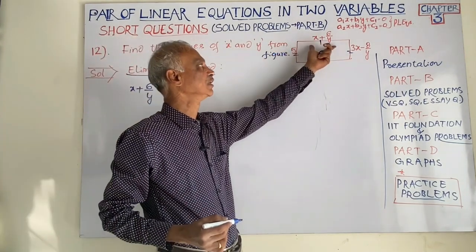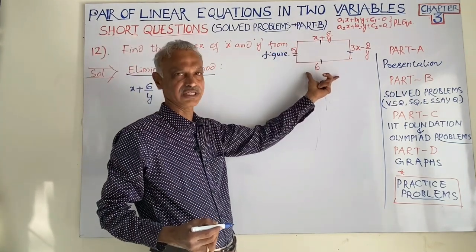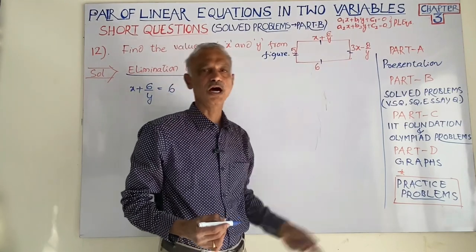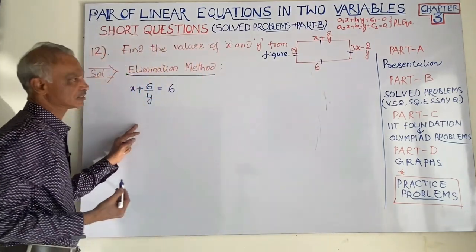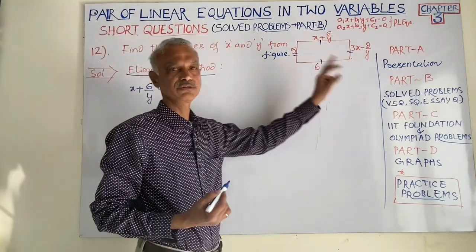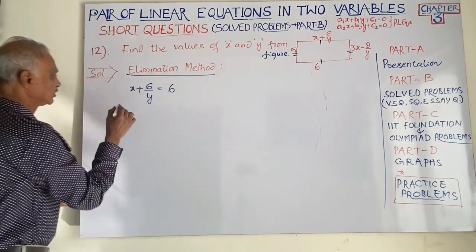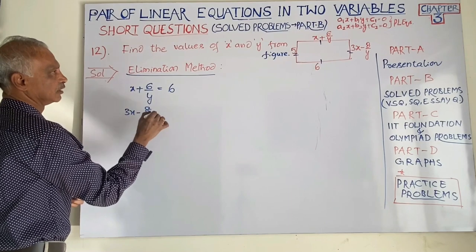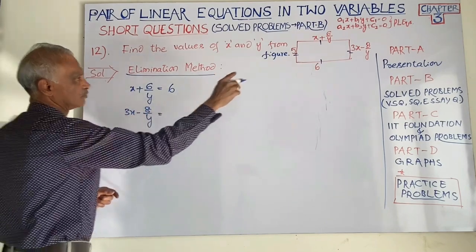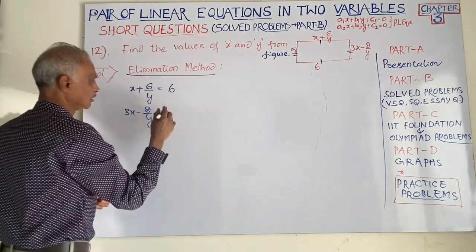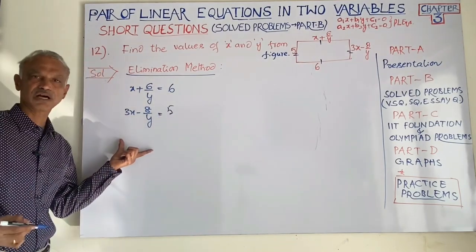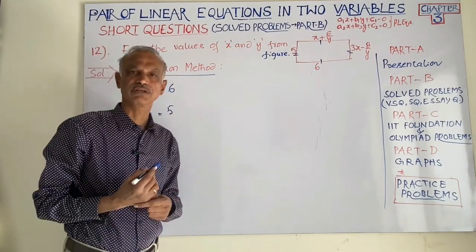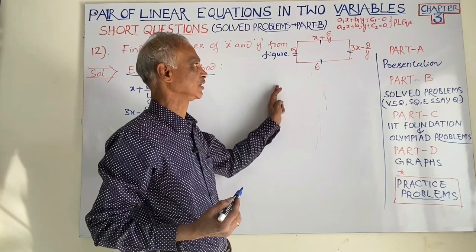X plus 18 by y, this is the length and also this is the length. Both are equal to each other. Next, what is another equation you can write? Breadth: 3x minus 8 by y is equal to, what is the breadth on the opposite side? 5. We have to solve these two equations, then we can find the values of x and y and verify.